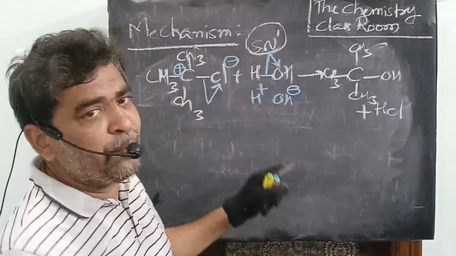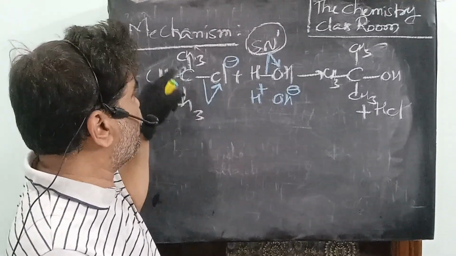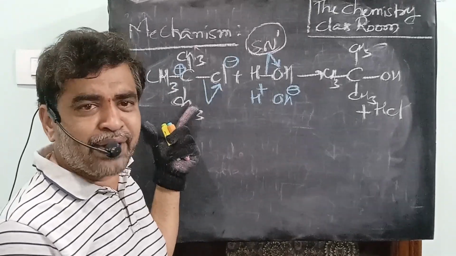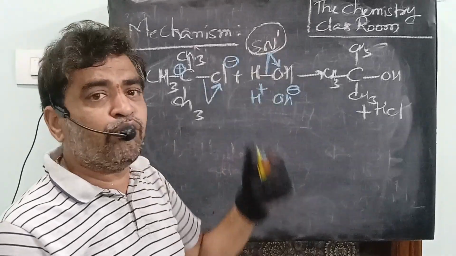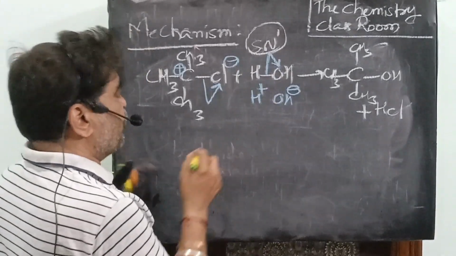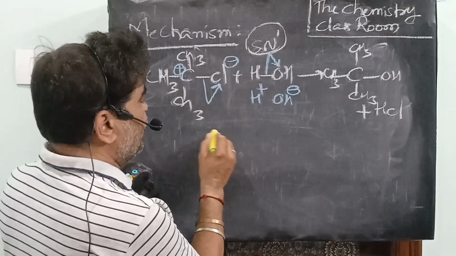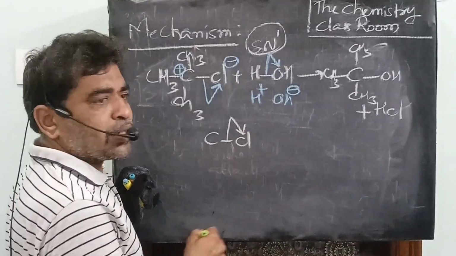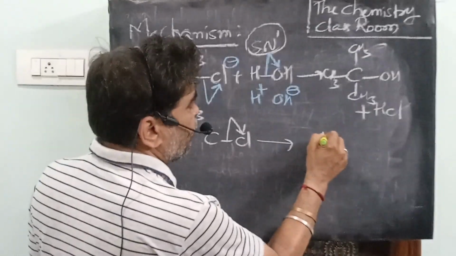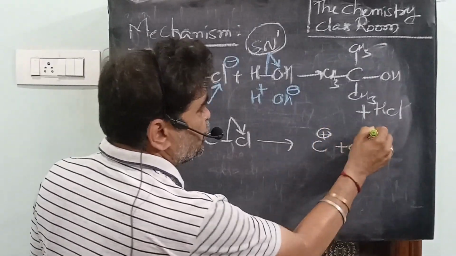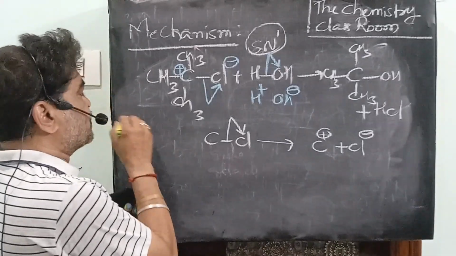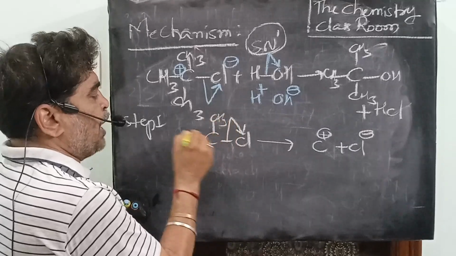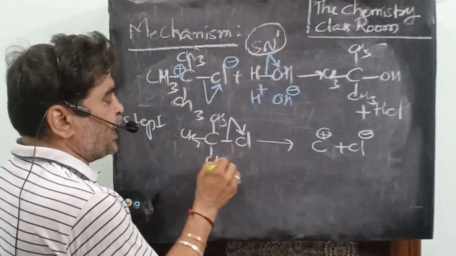In this reaction, only the 2-methyl 2-chloropropane is involved in the rate of reaction. So that's why it is called the SN1 mechanism. Why? Because in the very first step, the carbon and chlorine are cleaved, the electrons move towards the chlorine, the carbon gets a positive charge and the chlorine gets a negative charge.